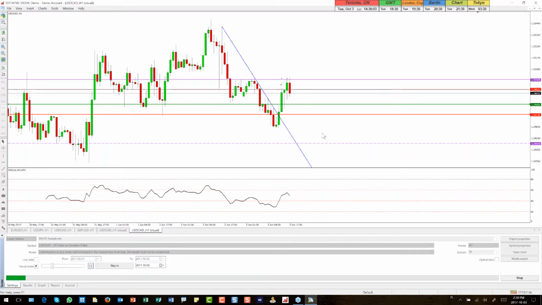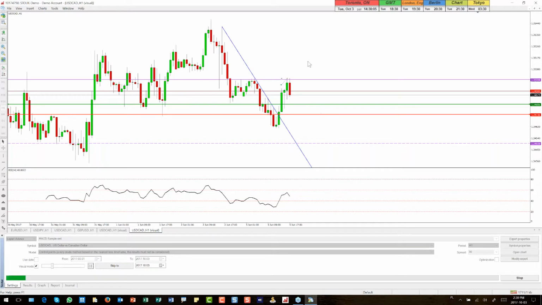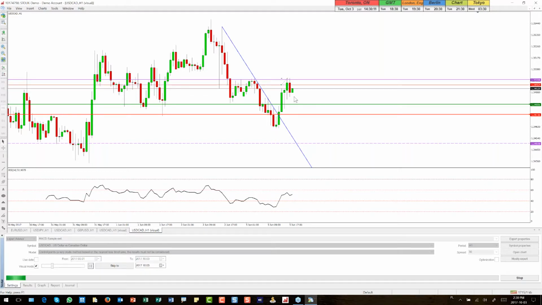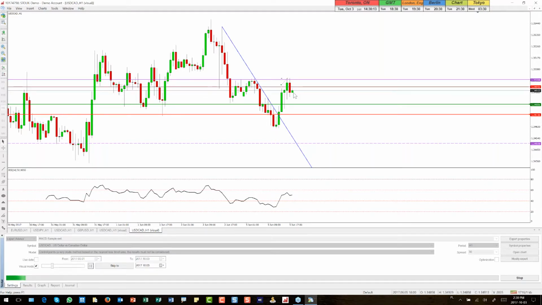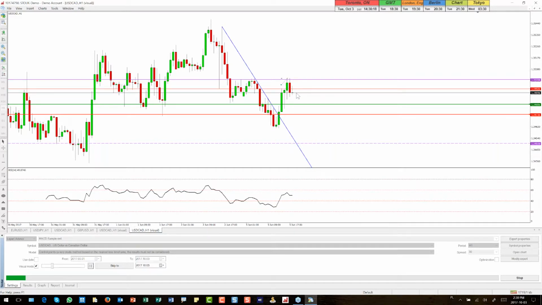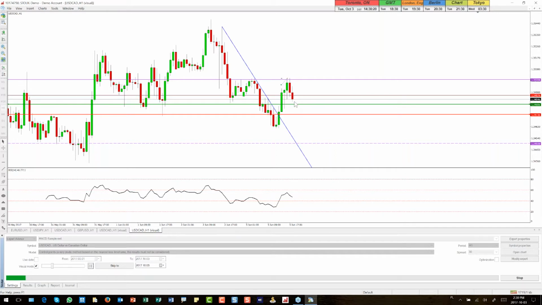That's just an example. So I can either close or see what's going to happen. You can see it's very strong, the 60 level on RSI becomes strong upper resistance for a downtrend.